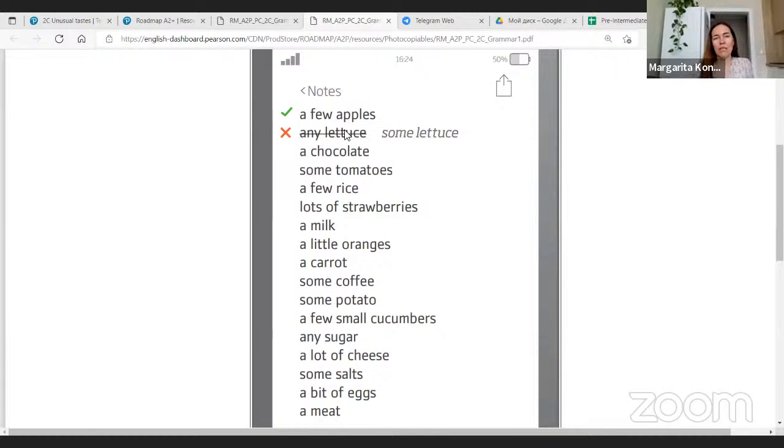Good. What about chocolate? Is it okay? Uncountable. So can you say a chocolate? Давайте на правила попробуем. Maybe some chocolate. Some chocolate, отлично. Very good. Not a chocolate, but some chocolate. It's uncountable.